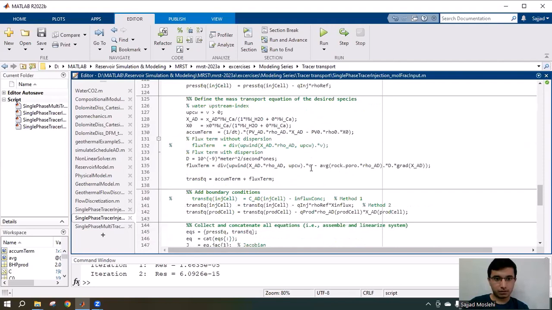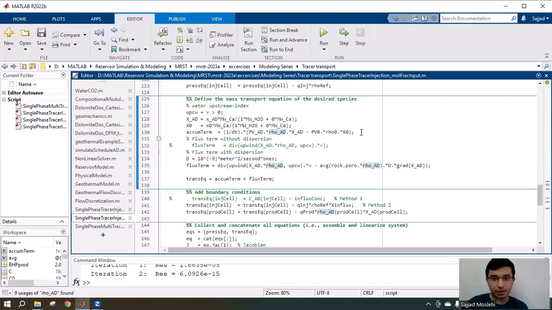The pore volume is multiplied by the density. What does it give us? It gives us the mass of the fluid, the mass of water. Now, we cannot multiply mole fraction by mass. It won't give us something good.